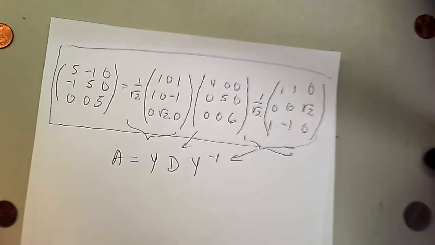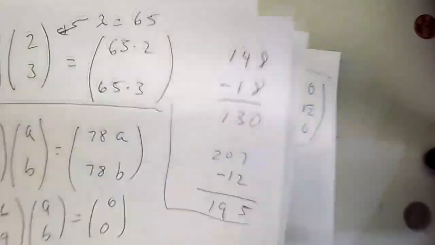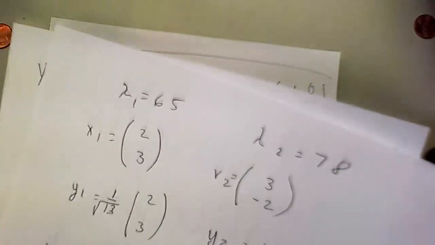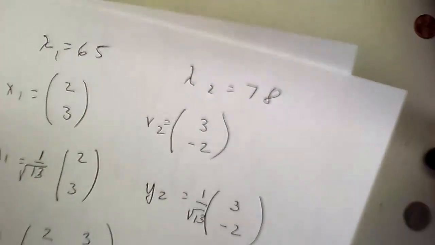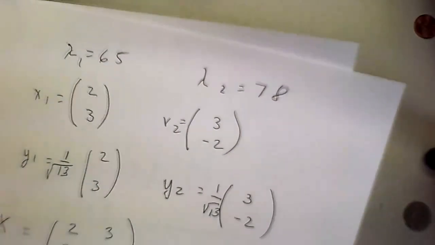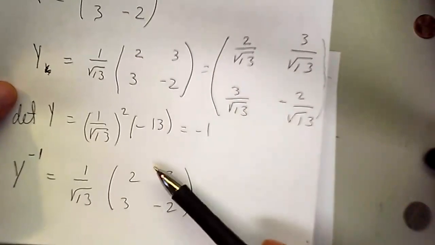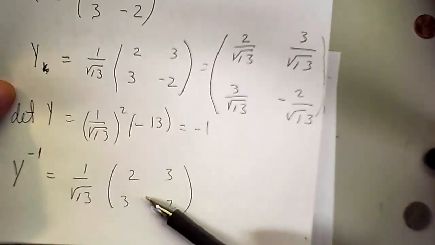The reason why I'm bringing that up is because in our example 1, the two matrices we found, I noticed after we finished the problem, that this matrix is the same as this matrix.